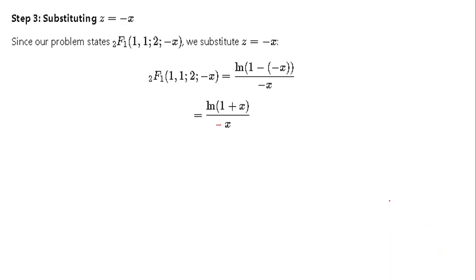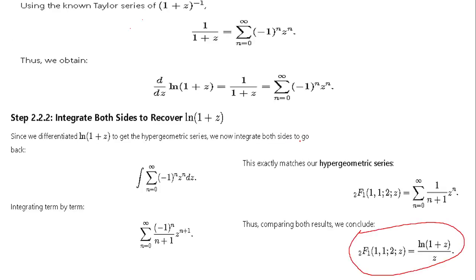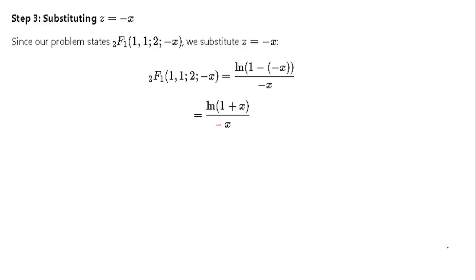This sign was supposed to be plus here. Wait, look at this. Anywhere we see z, we put minus x. So it should be 1 minus x over minus x.